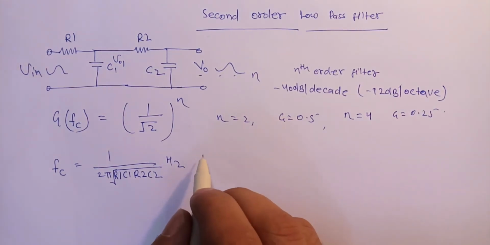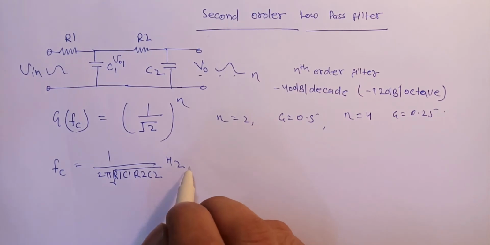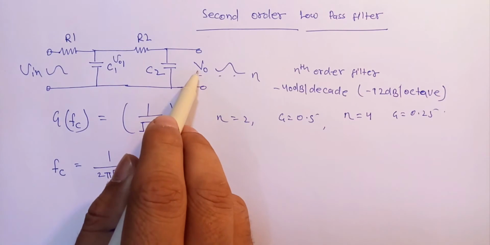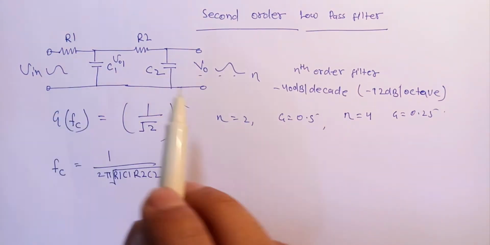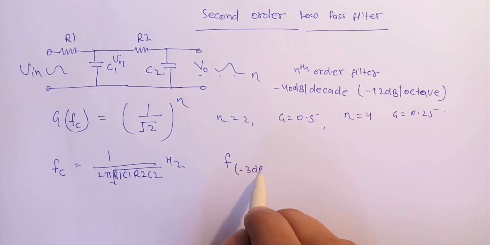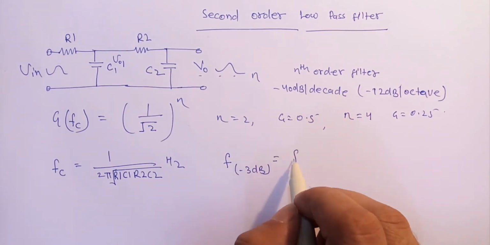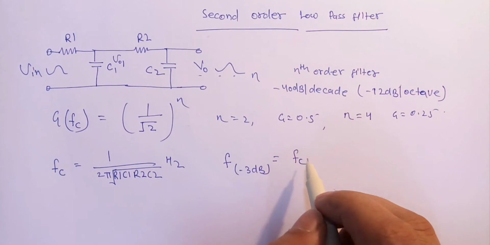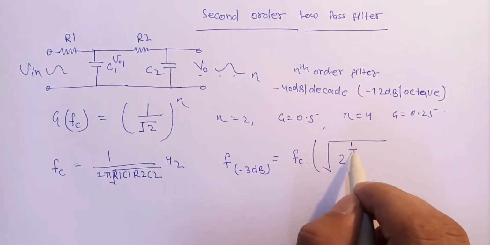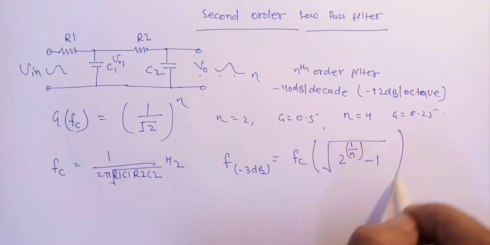And if we derive this second order 3 dB frequency in relation to the first order 3 dB frequency, we can say the minus 3 dB frequency F is FC of the first order into 2 power 1 upon n minus 1.